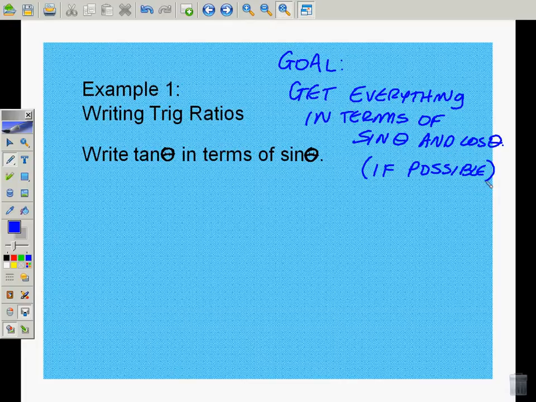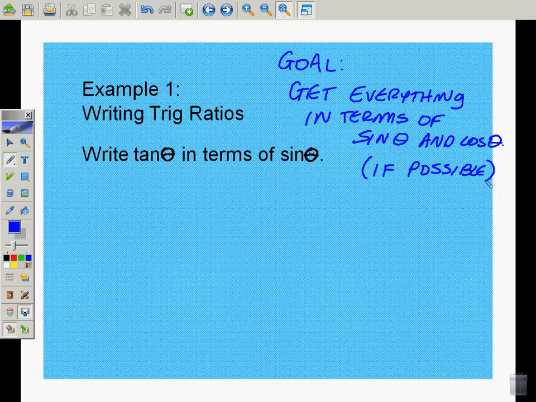That's our goal, because by saying we've got it in terms of sine and cosine, we're boiling it down to its very nature. So instead of using cotangent, cosecant, secant, things like that, tangent, we don't want those. We want to try to put it in terms of sine and cosine. And I think you'll see, if you master this skill, this is going to make your life a lot easier. And so we're going to practice that right now. We're going to write tangent in terms of sine and cosine.